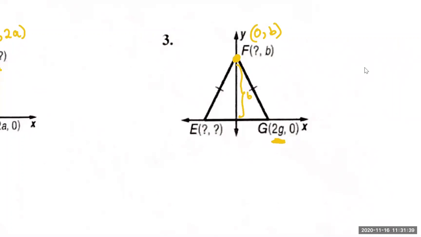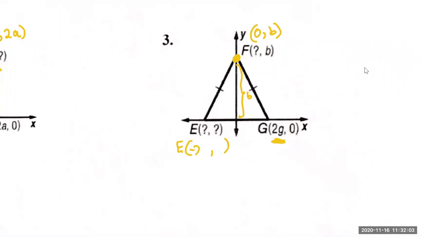Okay, now knowing what we know about f and g, what is the coordinate point for e? Good. So if we moved right 2g units, what is the coordinate point for this one? Okay, very nice.